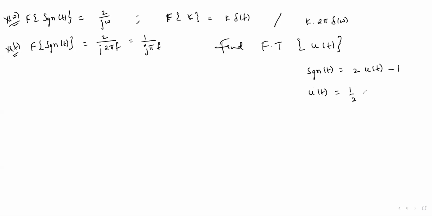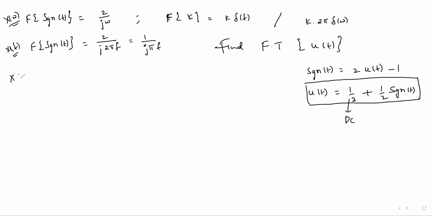We will get 1 by 2 plus 1 by 2 signum function. The step function we can write as half plus half signum function. The 1 by 2 is a constant here, so this is a DC signal. Now first let us solve in X of omega analysis, U of t in X of omega.